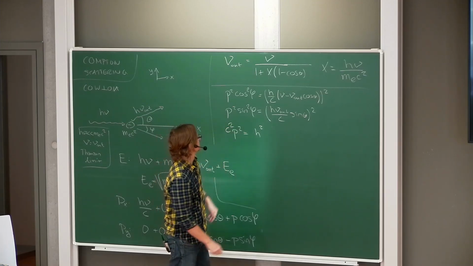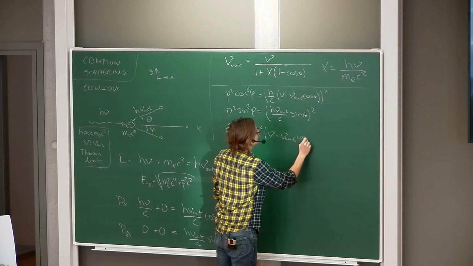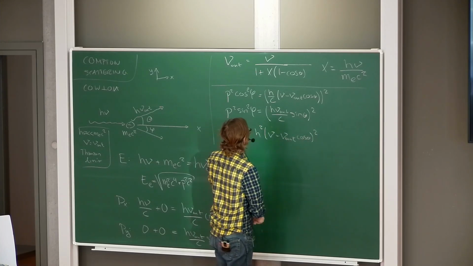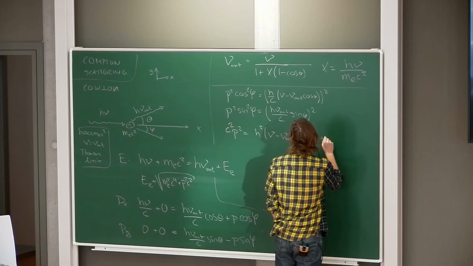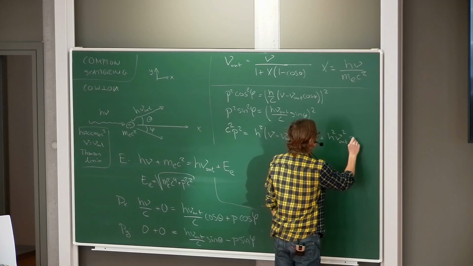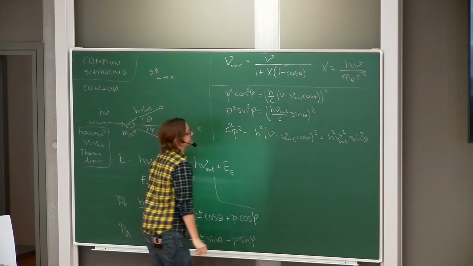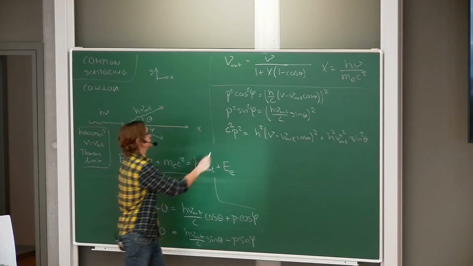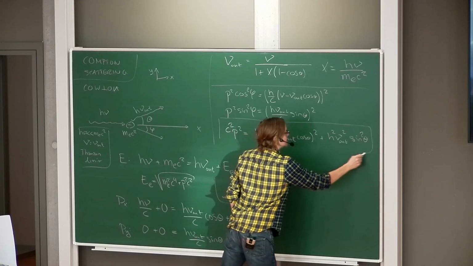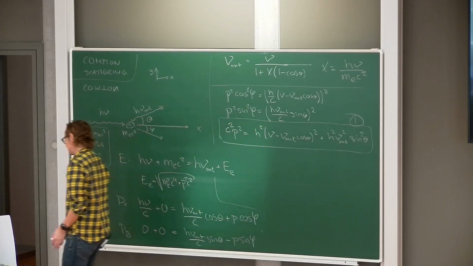So that's h squared now, nu minus nu out cosine of theta squared. Then we have this one, h nu out. We can just square them. Sine squared theta. All right. So that's what we have. Let's frame this. Call it our number 1.